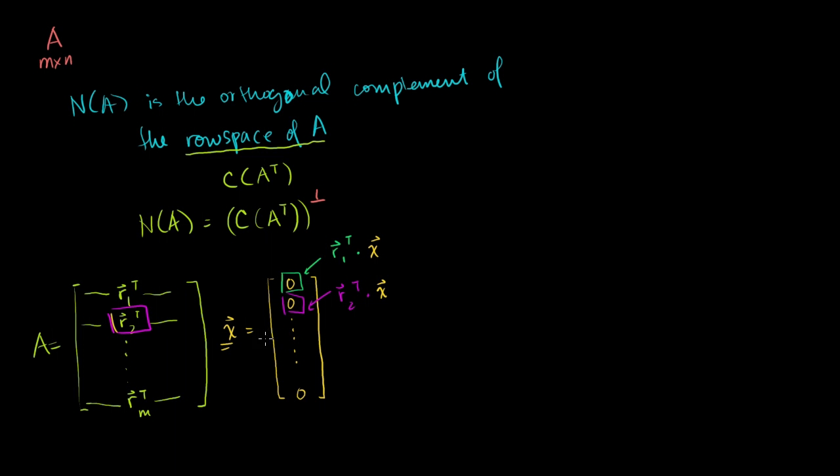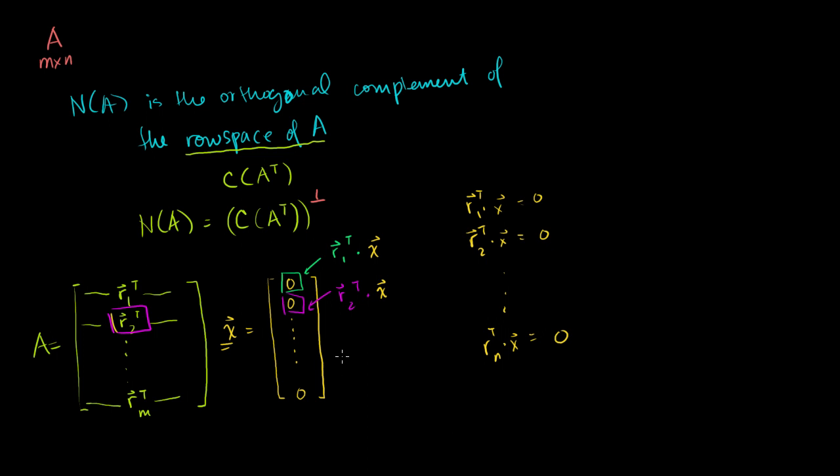So by definition, another way to write this equation is that r1 transpose dot x is equal to 0, r2 transpose dot x is equal to 0, all the way down to rm transpose dot x is equal to 0.